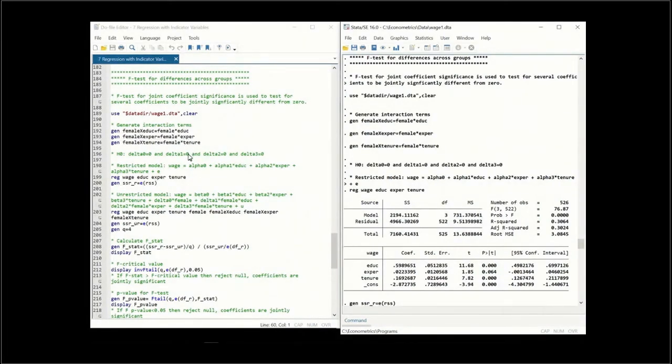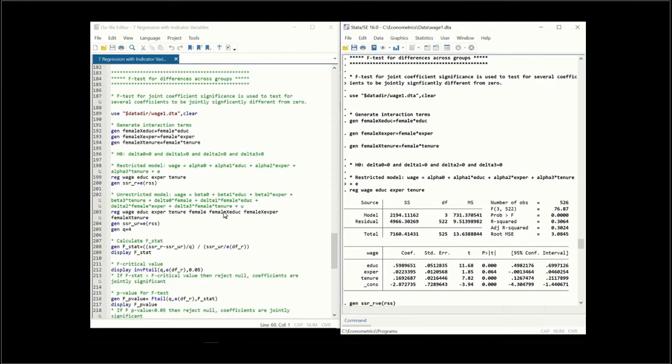Here we want to know if the interaction terms are jointly significantly different from 0. So we have the unrestricted model, where we have wage regressed on education, experience, tenure, and then female, and then the interaction of female with all of the independent variables.